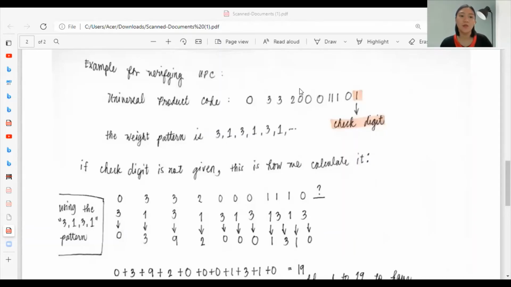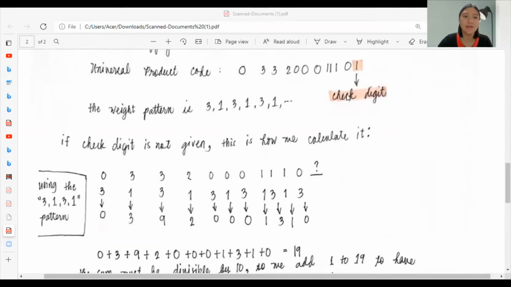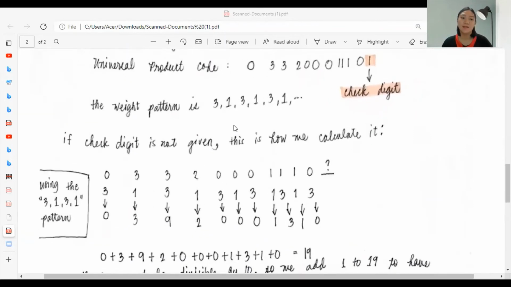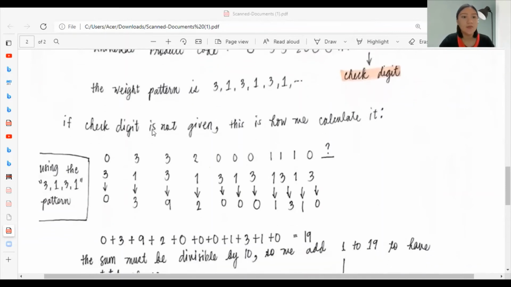For an example in verifying UPC, I just copied the universal product code. The weight pattern in UPCs is 313131. Also, the last number in the code is called the check digit. If the check digit is not given, this is how we calculate it using the 3131 pattern.